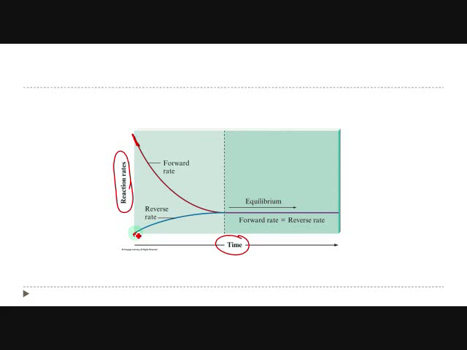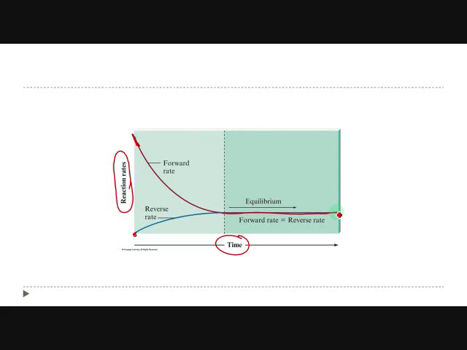But then as time progresses, eventually the rates will equal each other. So at equilibrium, the rates are equal to each other, not the concentrations, the rates. The rate of the forward reaction is equal to the rate of the reverse reaction. And so this graph shows that when the two rates form together into one line. Okay, so these graphs are just supposed to help you figure that out.